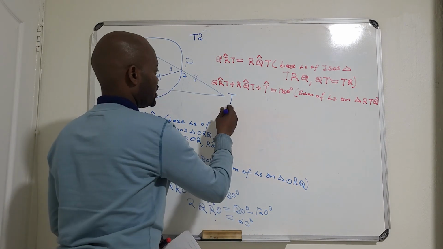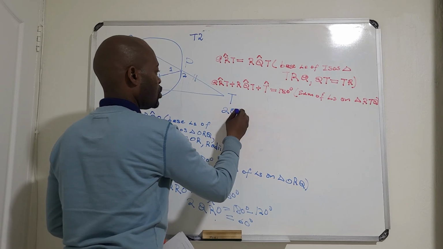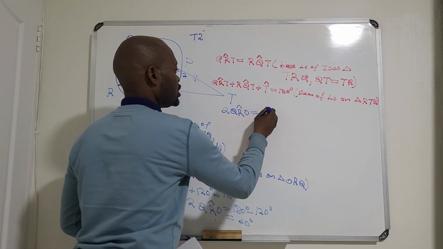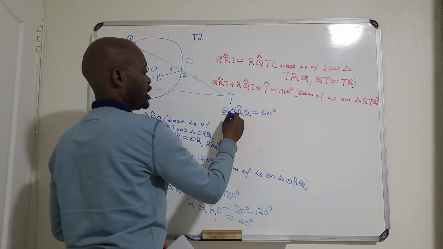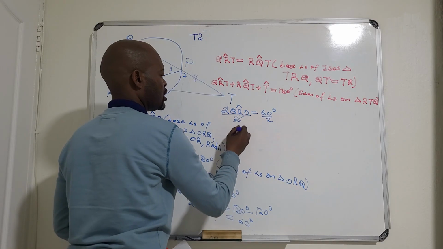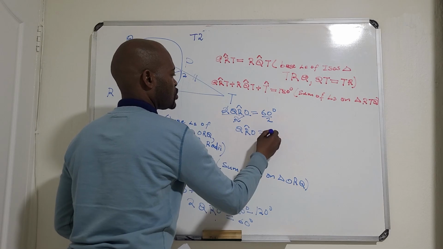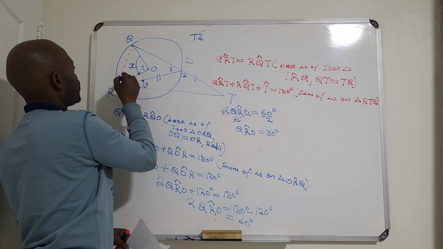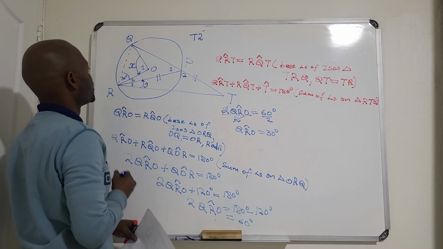Now we divide. Obviously, we're going to have 2 angle QRO equals 60 degrees. I divide by 2, this cancels. Angle QRO is equal to 30 degrees. So angle QRO, this angle here, is equal to 30 degrees.